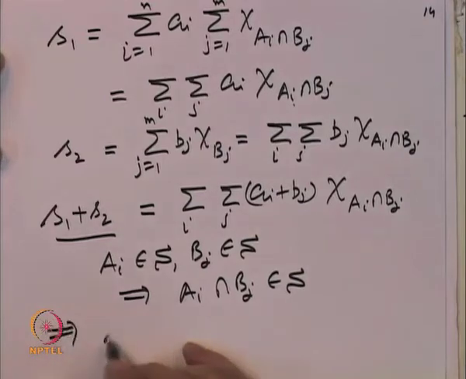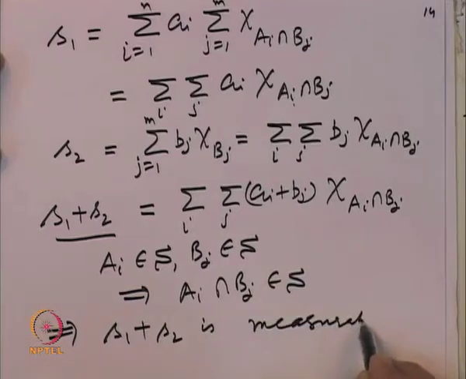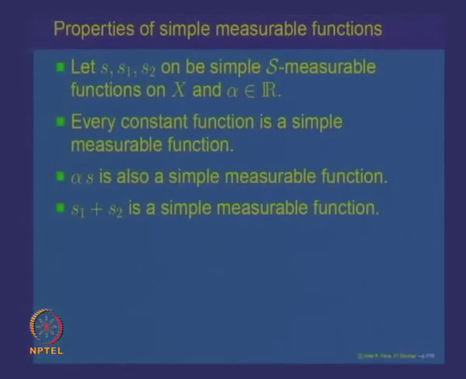So, that implies S 1 plus S 2 is measurable. Right. So, this proves the property that the class of simple measurable functions is closed under addition. The first property said it is closed under scalar multiplication, this says it is closed under addition.